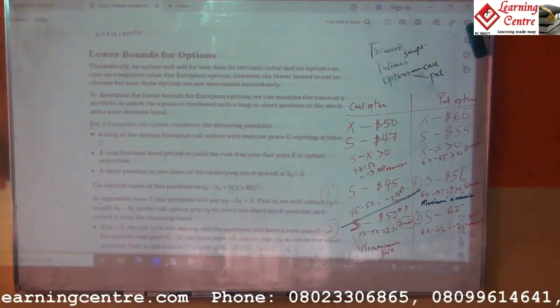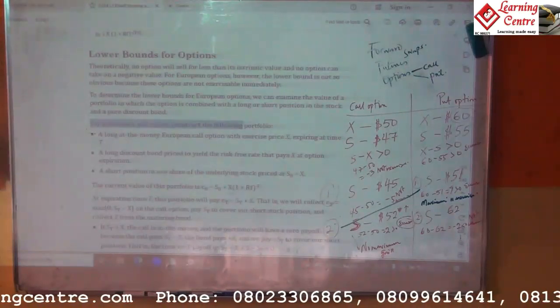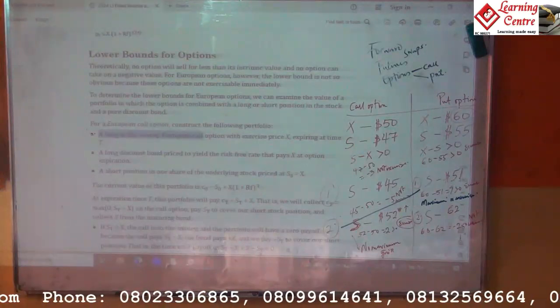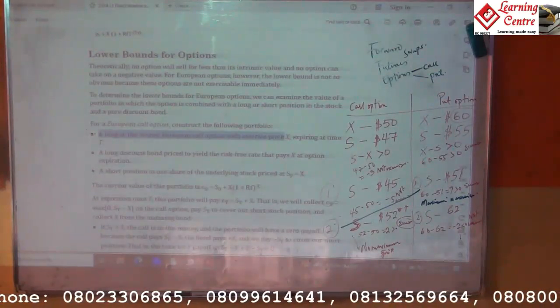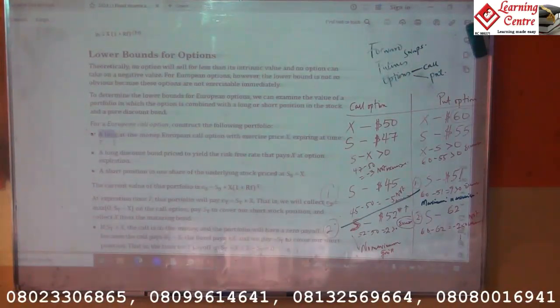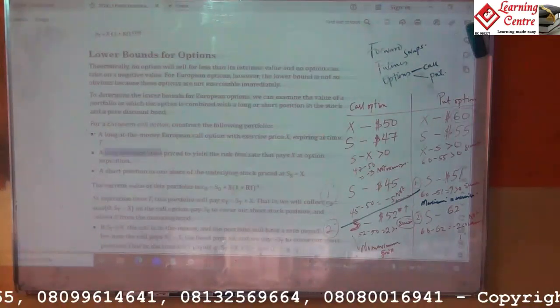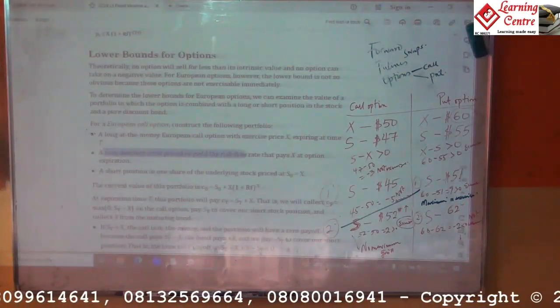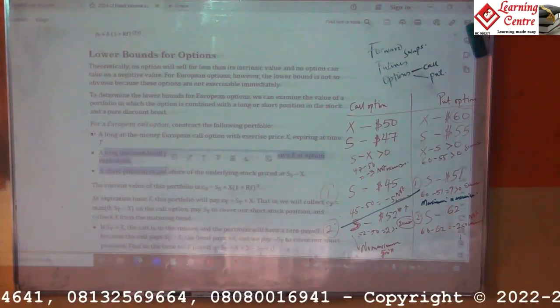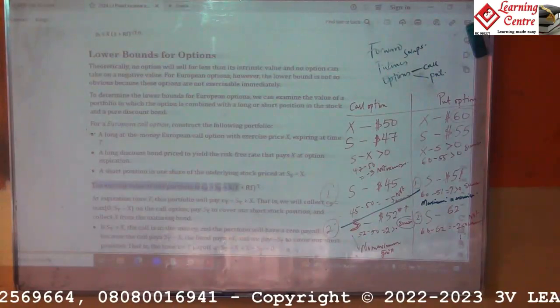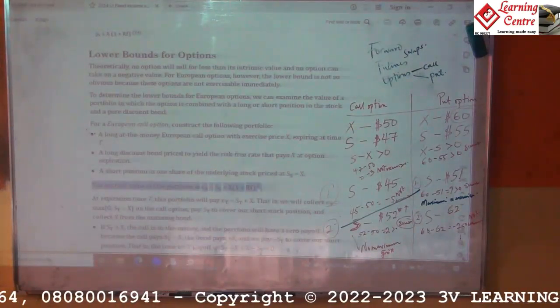So for a European call option, construct the following portfolio. A long at the money European call option with exercise price X expiring at time T. Don't worry, you don't need to know this calculation. A long discount bond priced to yield the risk-free rate that pays X, and a short position in a share of the underlying stock. So this is basically the formula.